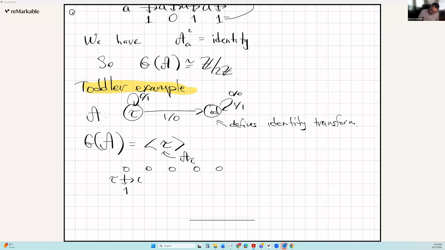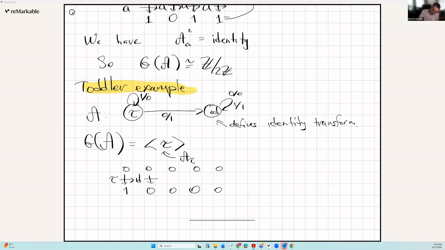Sorry, I think I made it wrong. So if it's 1, you flip to 0, and if it's 0, you flip to 1, and then you do nothing after that, right? And then you go to identity, and then nothing happens, right? So you have 0, 0, 0, 0, right?